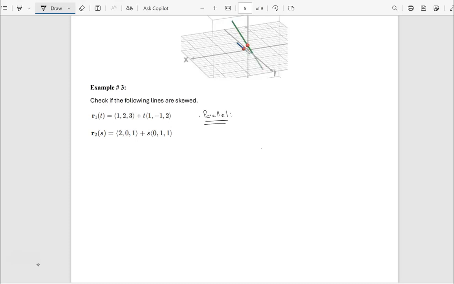Now if you're checking for parallel, this one's going to be very easy because you can see that your vector t cannot be expressed as a constant multiple of vector s.